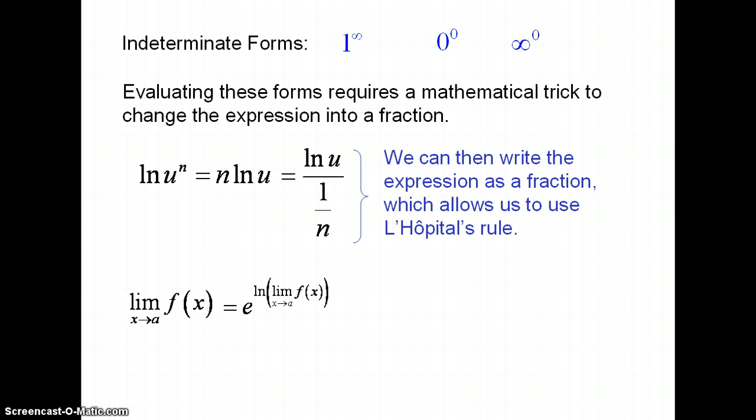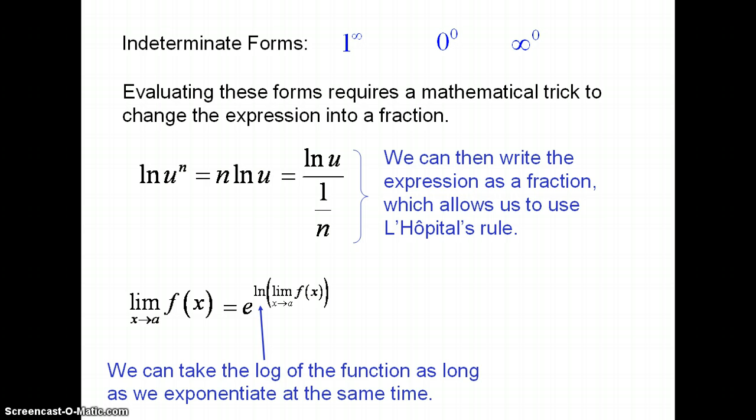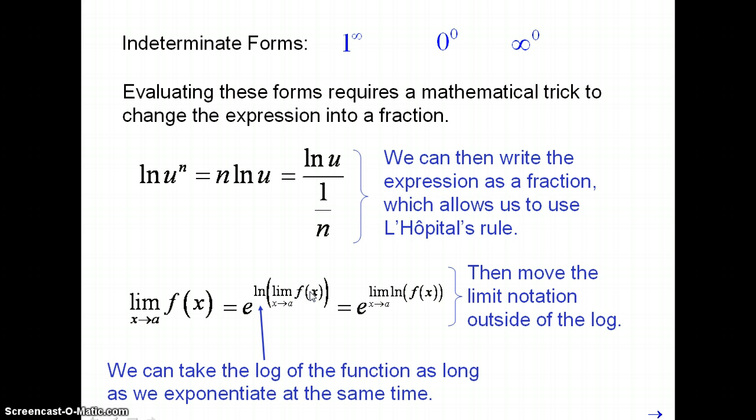Now, here's how this works. When you rewrite the limit as x approaches a of f of x, e to the ln of anything is that anything you started with. So when you put an e to the ln in there, you're still finding the limit as x approaches a of f of x, but we'll see how it works.